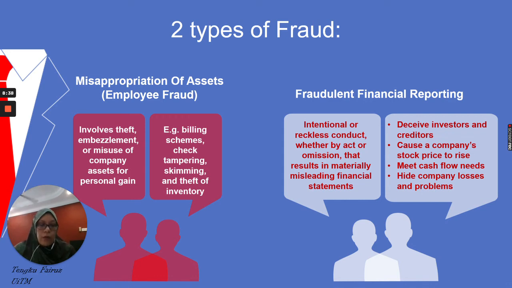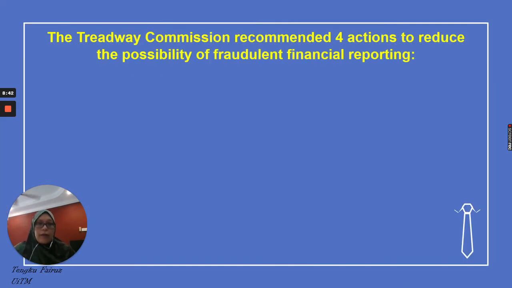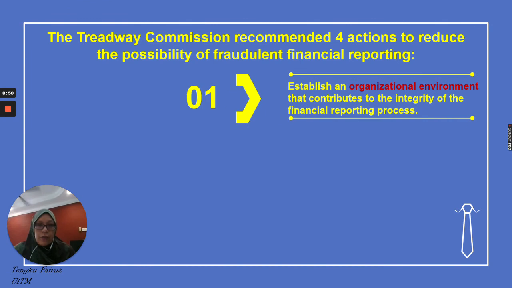Okay, so under the Treadway Commission, they recommended 4 actions to reduce the possibility of fraudulent financial reporting. Okay, the first one, they need to establish an organizational environment that contributes to the integrity of the financial reporting process. So this one, they want the environment as a whole of the company to show the integrity of the financial reporting process.